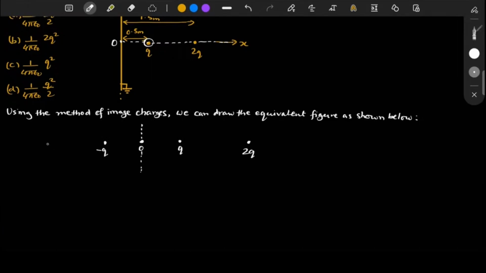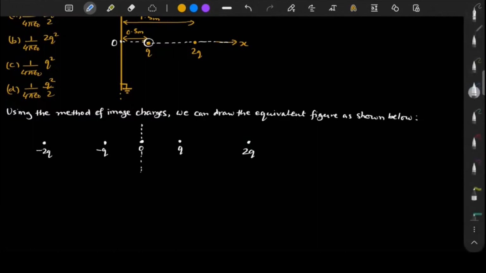And then we would have minus 2Q as the image charge of 2Q. So let me use some different colors to make sure which one is image charge of which configuration. So this minus Q is image charge for Q, minus 2Q is the image charge of 2Q.